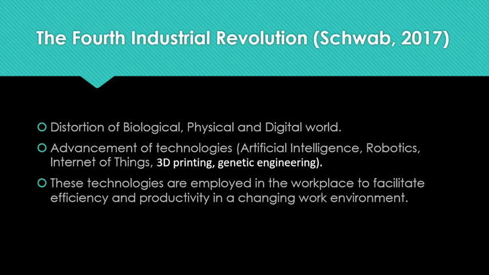Biological is about our nature. Physical is about the environment we live in. And digital is about this advancement of technology. Which technologies? Artificial intelligence, robotics, Internet of Things, 3D printing, and genetic engineering. These technologies are employed in the workplace to facilitate efficiency and productivity in a changing work environment.